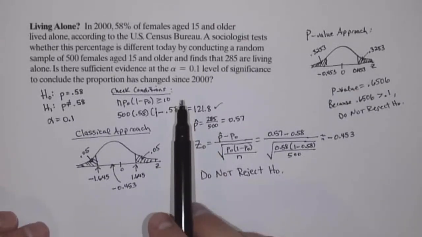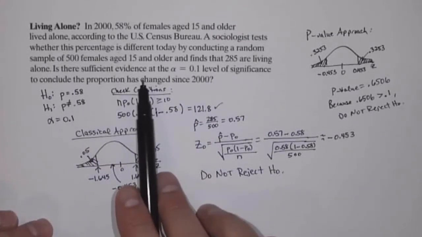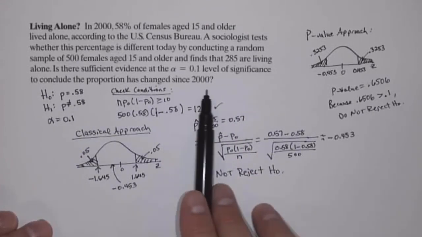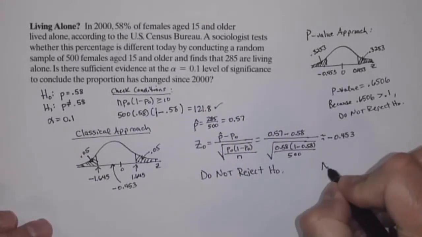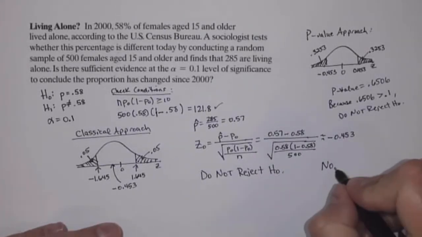So what does that mean? Well, as far as this problem goes, is there sufficient evidence at alpha equals 0.1 level of significance to conclude that the proportion has changed? So the answer to that question is no. There is not significant evidence to make that conclusion.